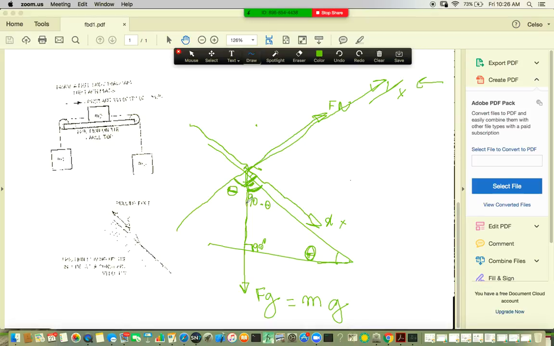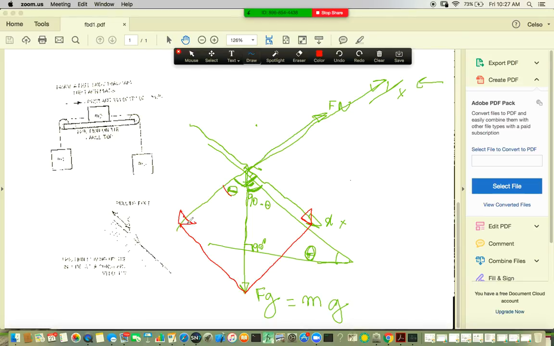Okay? So the point is, you want to project gravity. Let me change color. You want to project the gravity in your x-axis, and you want to project gravity in your y-axis.